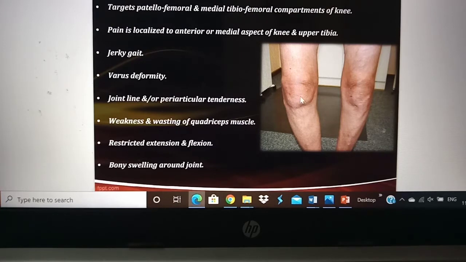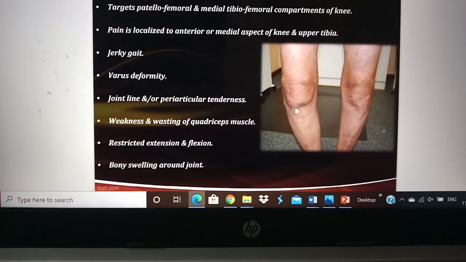The quadriceps muscle is inserted into the patellofemoral area. Because they do not use the knee joint as much as they should because of the severe pain, it leads to decreased walking, and that leads to weakness of the quadriceps muscle, which is present over the anterior part of the thigh.